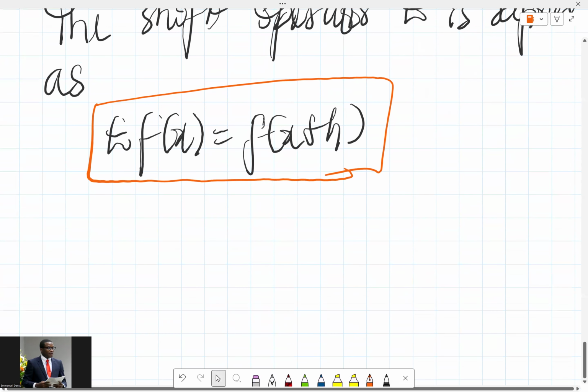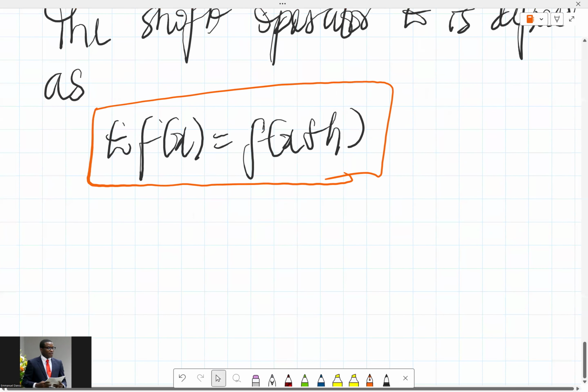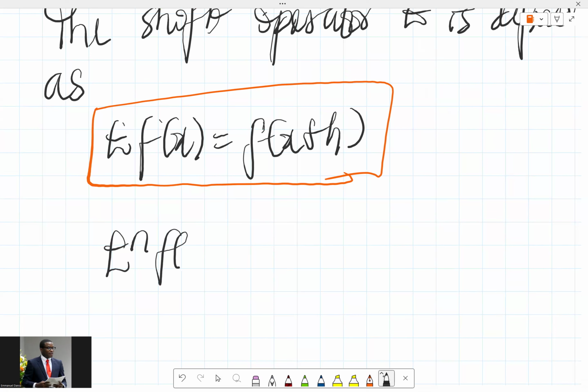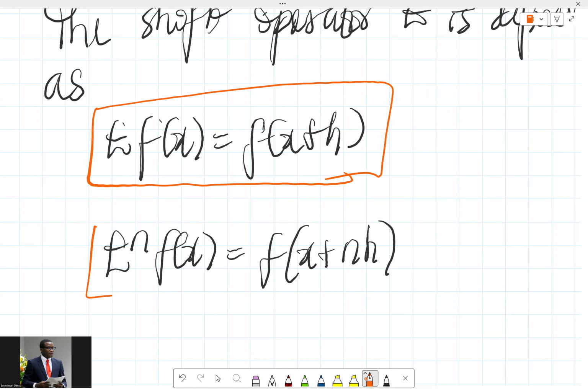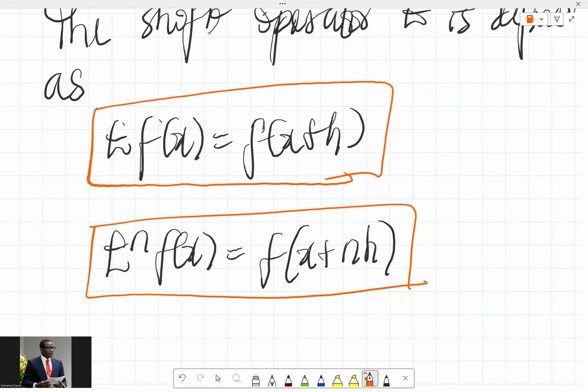You can also take the nth power of it, which is pretty easy. The nth shift operator applied to the function f of x is f of x plus nh. That's the shift operator as it is defined.